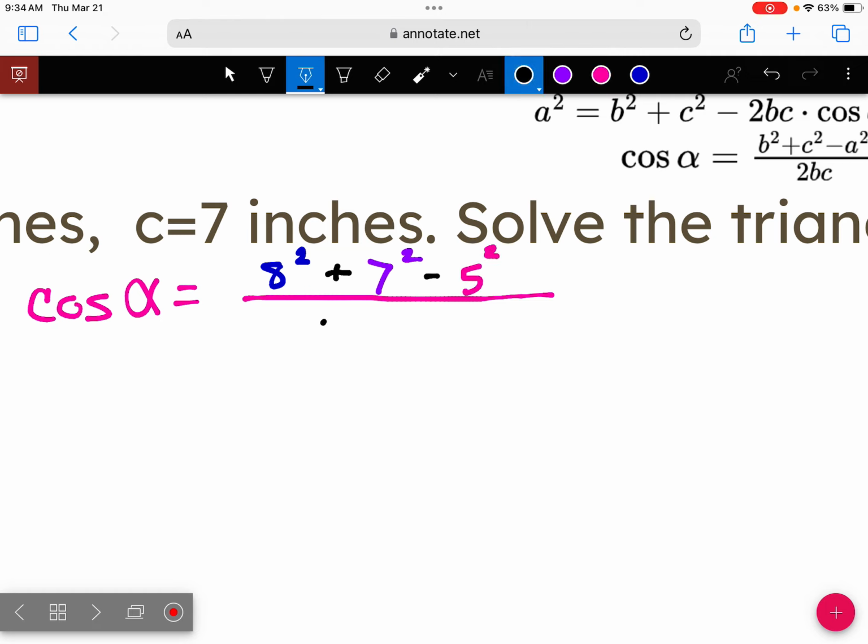And then we're going to divide by 2 times the 2 legs that touch it, my 8 and my 7.